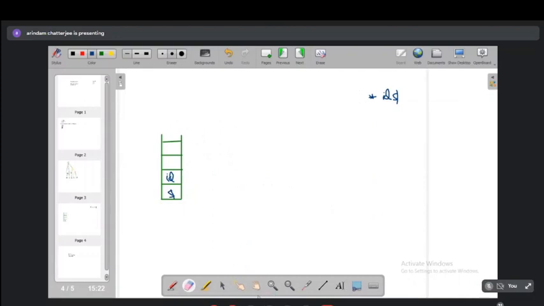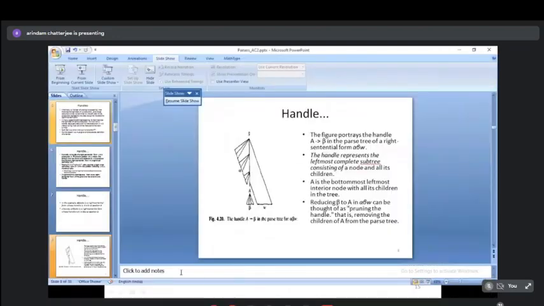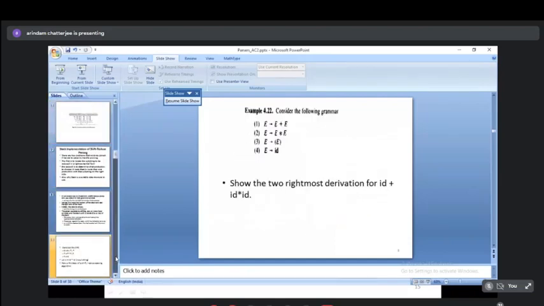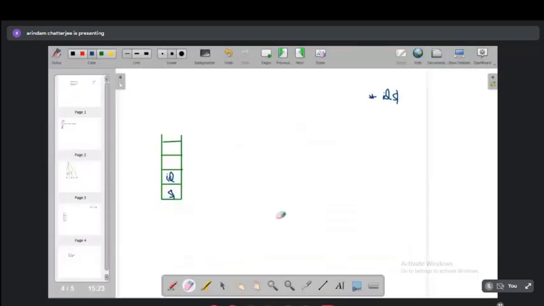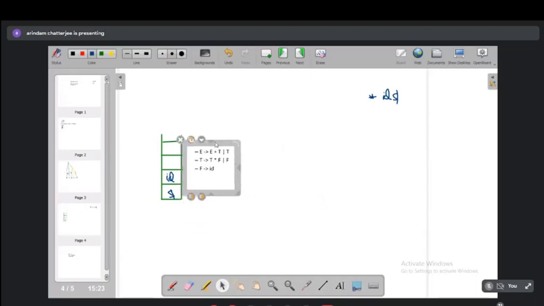Let us write the rules clearly. These are the rules.